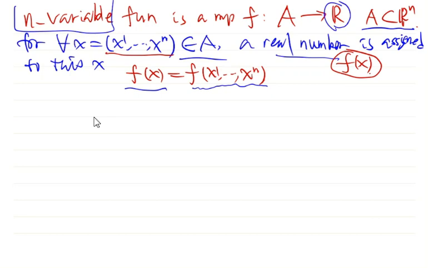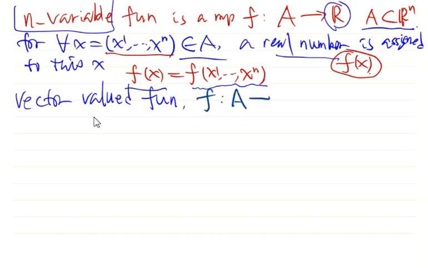We can also consider the vector valued function. That is our main object of study in this part, differential calculus for nonlinear mapping. Vector valued function. What's this? This is a map f from A, also a subset of Rn, but the value is not in R, but in another Euclidean space Rm.